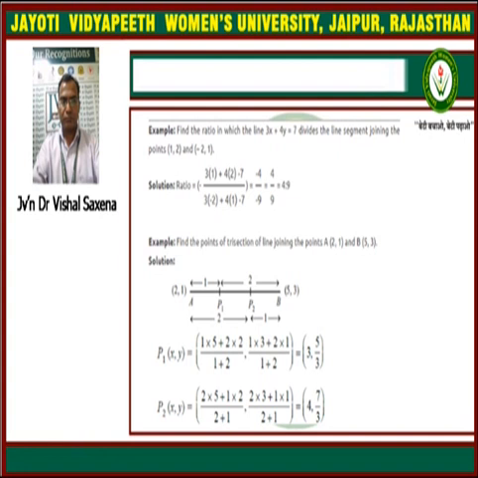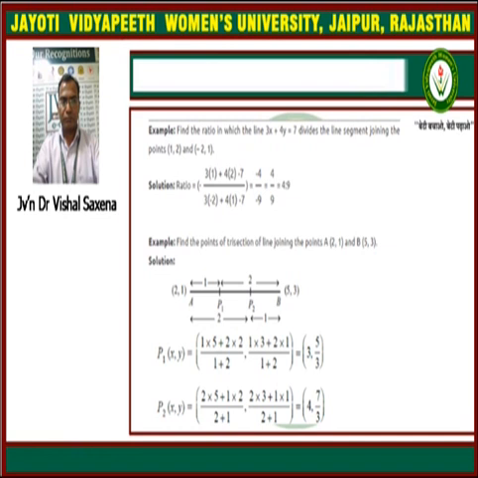If we have to find the coordinates of P1, what is the ratio there? 1:2. That means m1 is 1 and m2 is 2, point x1, y1 is (2, 1), and point x2, y2 is (5, 3).